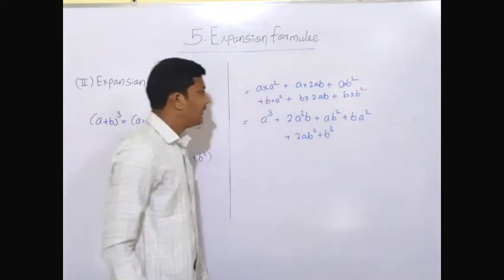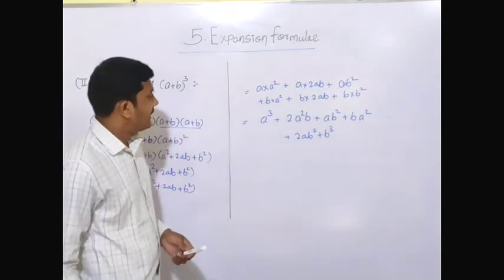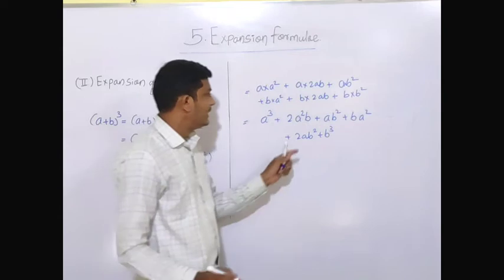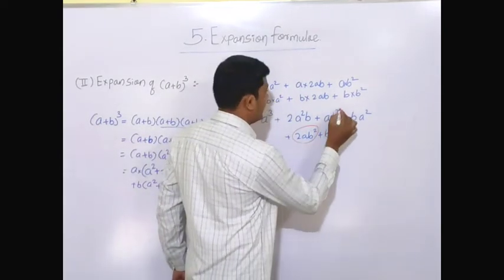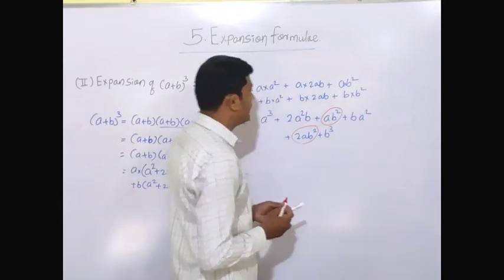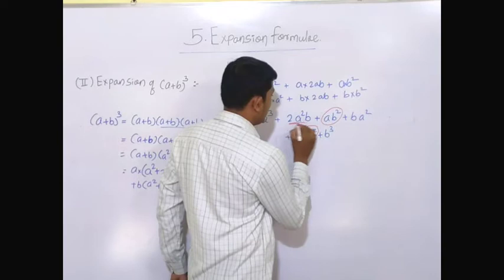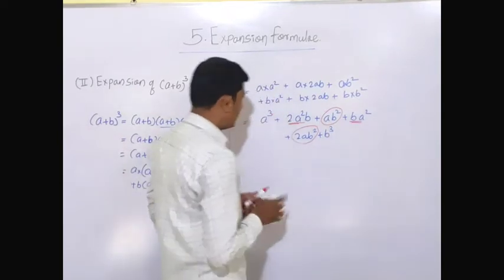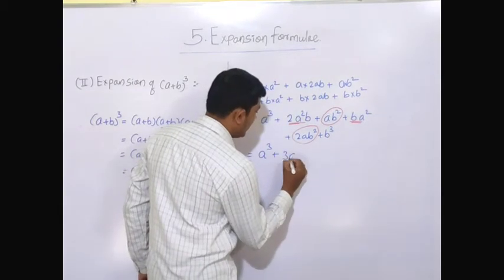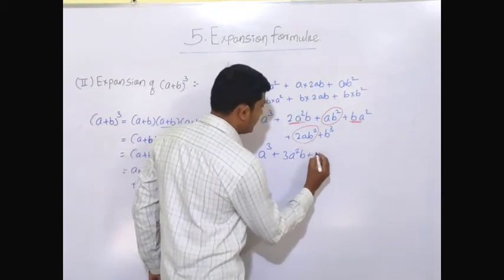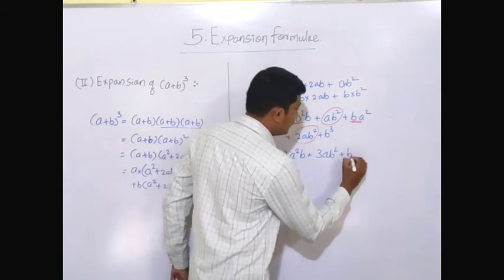Now we have to find the like terms. Twice ab square and 1 ab square, so we get 3ab square. Again twice a square b and 1 a square b, so we get a cube plus 3a square b plus 3ab square plus b cube.